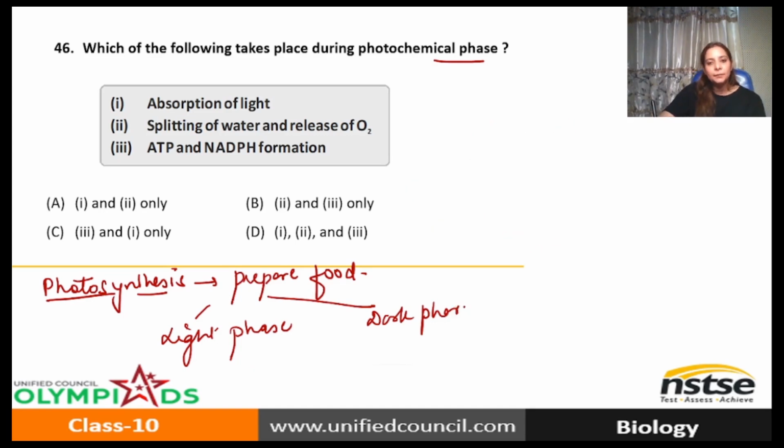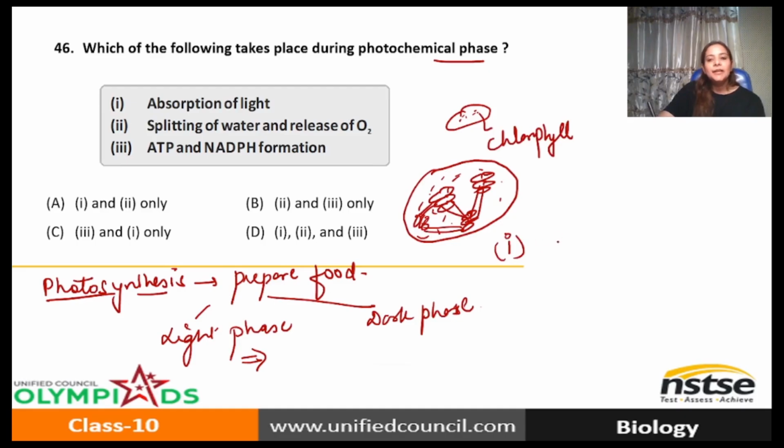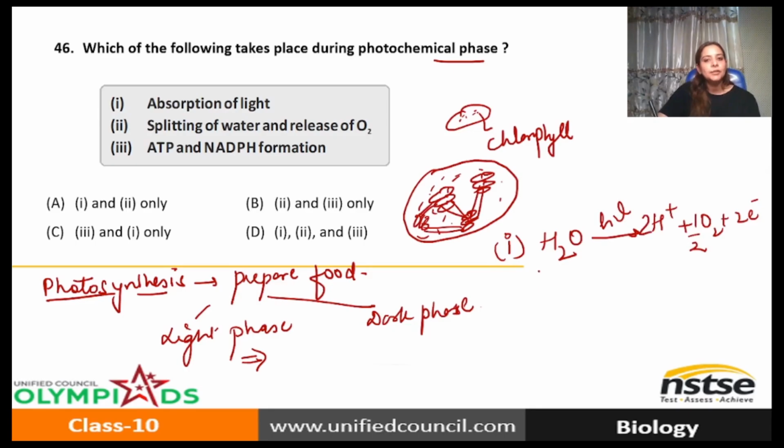The first step is the splitting of water, or photolysis of water. When light falls, water gets split into 2H positive, half O2 and 2 electrons. So splitting of water and release of O2 definitely happens in the photochemical phase, because photo means light, the reactions which take place in the presence of light.